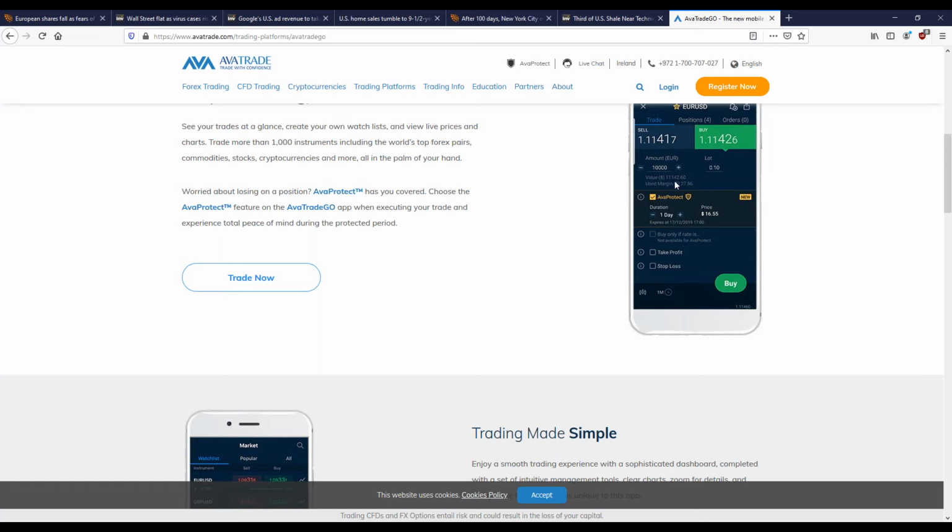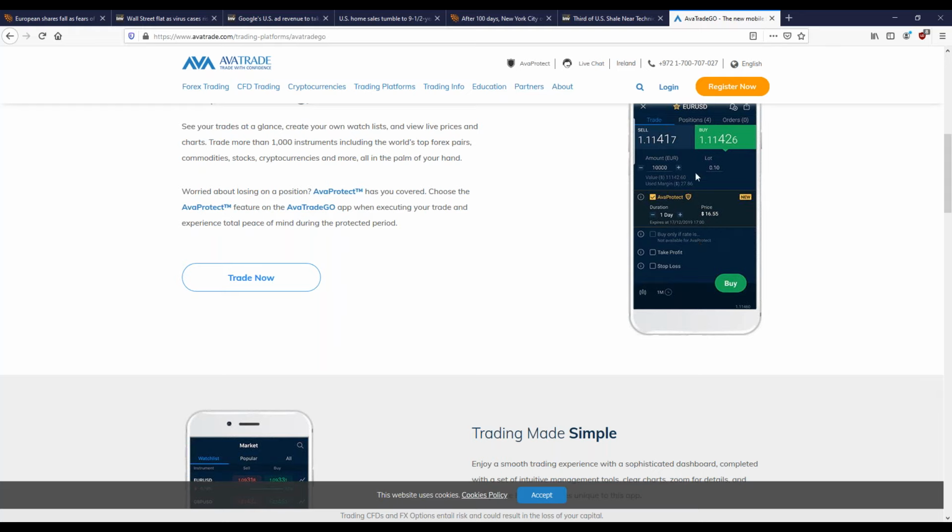You also see that as you put in the trade size, it calculates your margin requirement for you. If you put a take profit or stop loss, it will show in your account currency how much you're risking or how much you stand to make at those marks. So it has a calculator built into the order window so that you don't have to guess or manually calculate what you're risking, what your potential profit will be, how much has to go to margin.